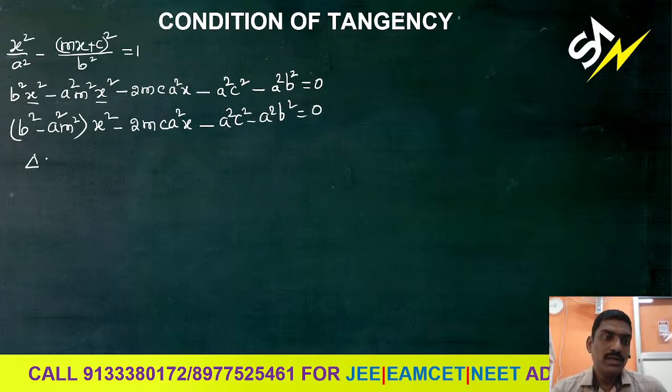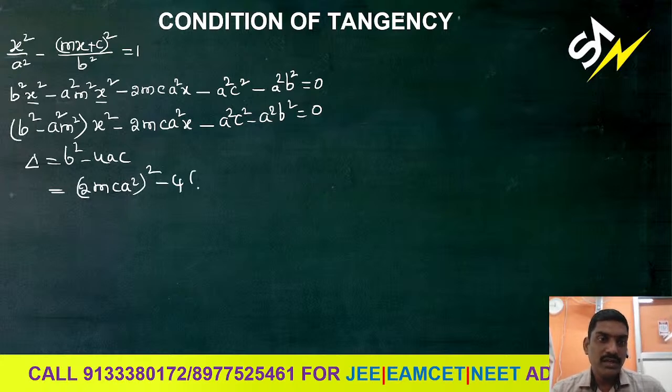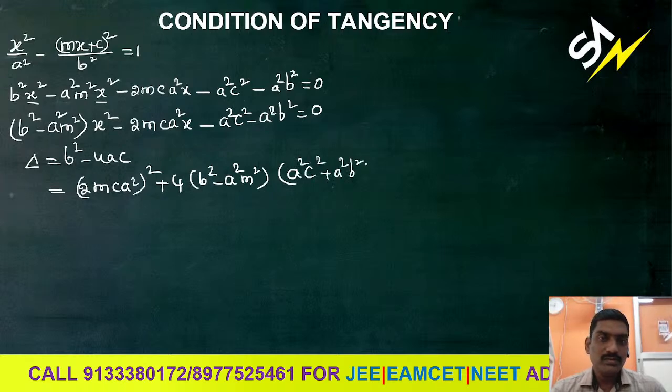So let us try to calculate the discriminant. What is that? b square minus 4ac: (2mc a square) whole square minus 4 times (b square minus a square m square), and here it will become (a square c square plus a square b square).